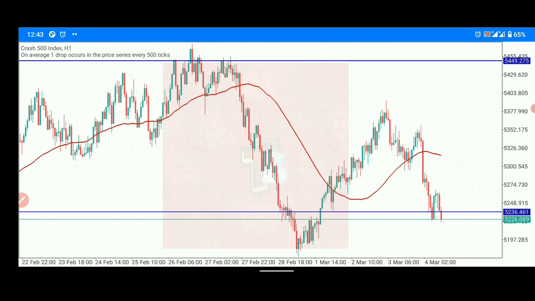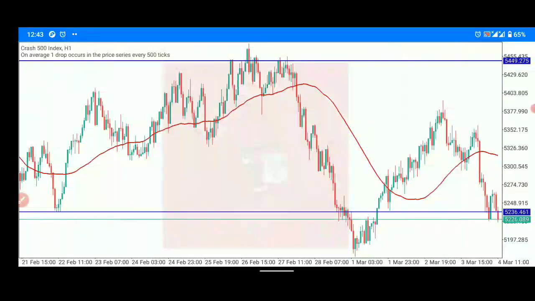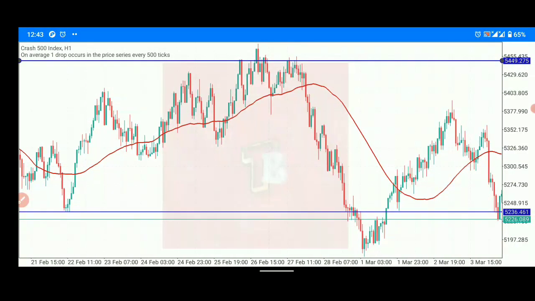So if we were to trade this market, as you can see right here, we have a double top. This is the first one and the second one. You see, the market was in an uptrend this way: higher high, higher low, higher high, higher low, higher high, higher low.